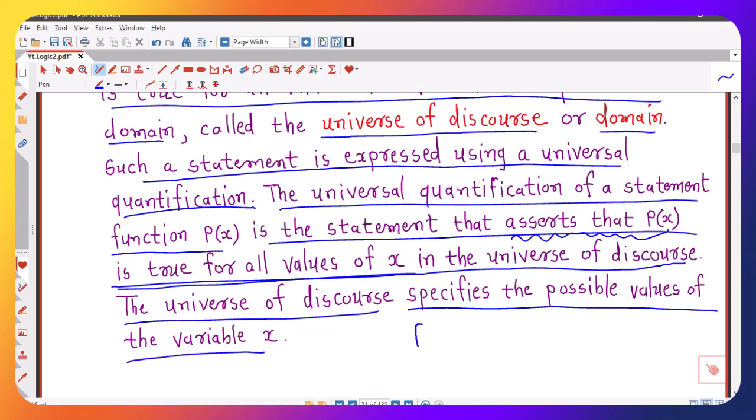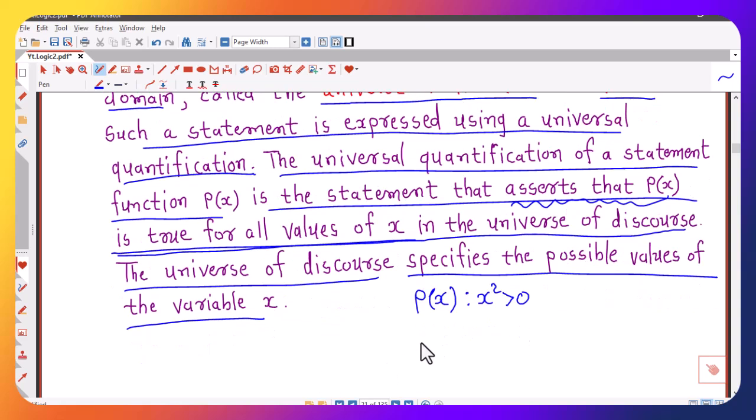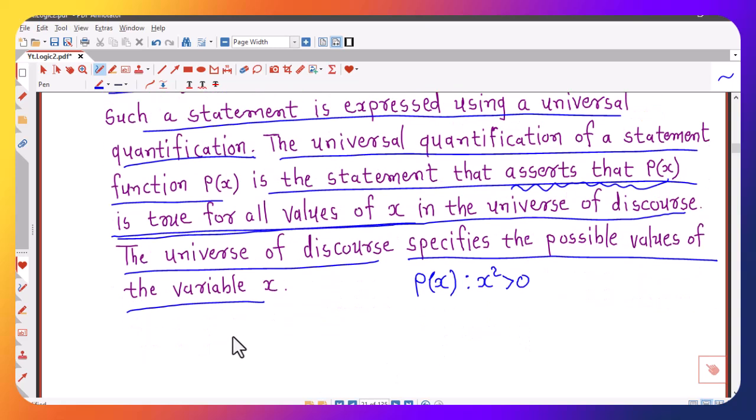For example, if I consider that p(x) is x squared is greater than 0, and I consider the universe of discourse or domain as the set of real numbers, then we know that if we take any real number, its square is always greater than 0, and if we include 0, then it is non-negative.